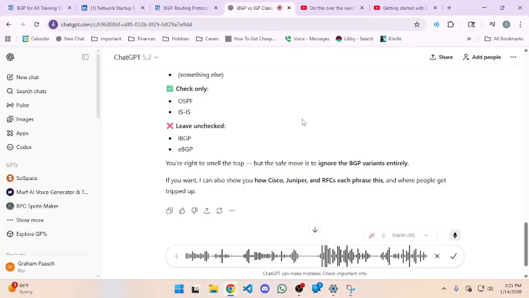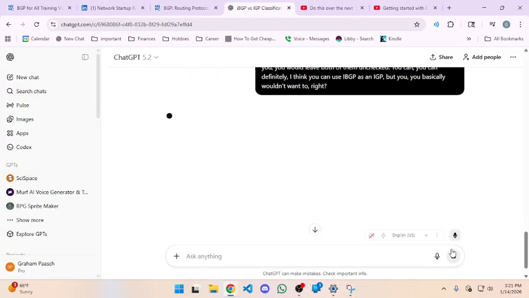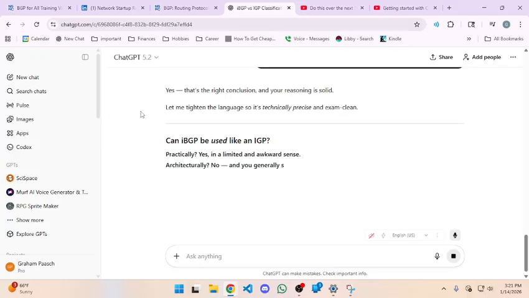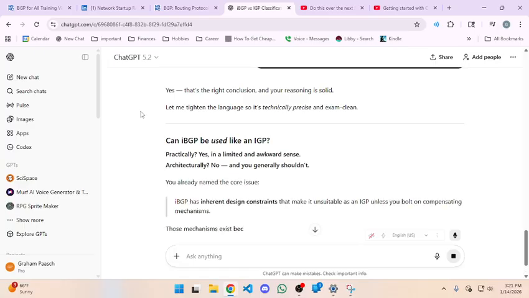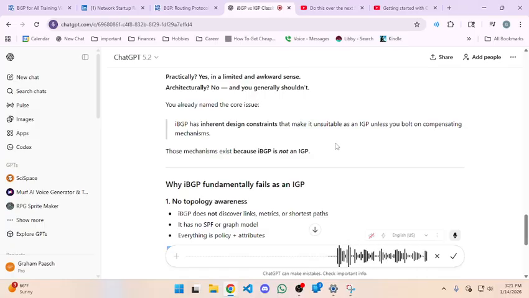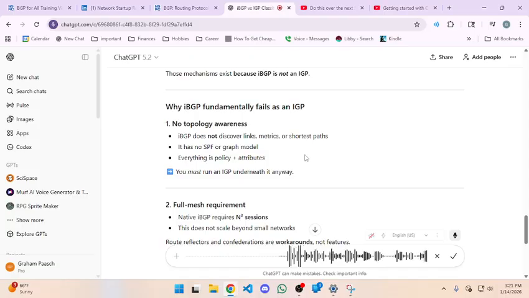I think you can definitely use IBGP as an IGP, but you basically wouldn't want to, right? The correct thing to do with IBGP is to redistribute the routes.